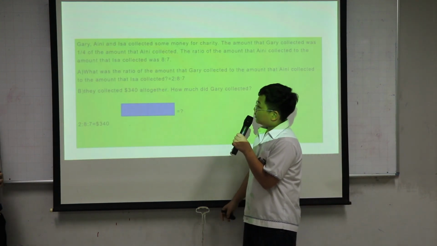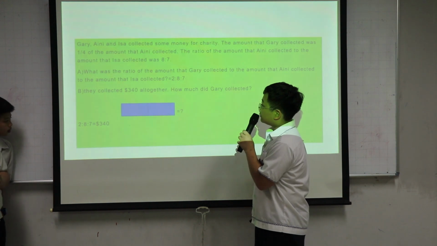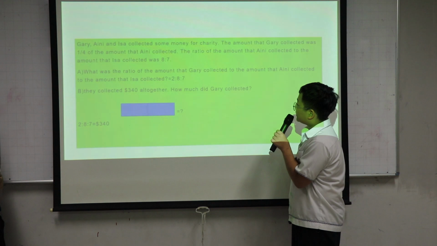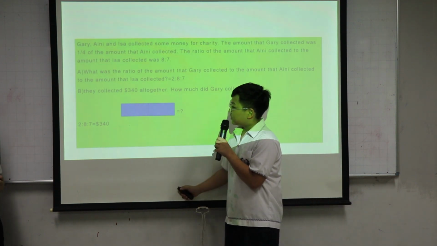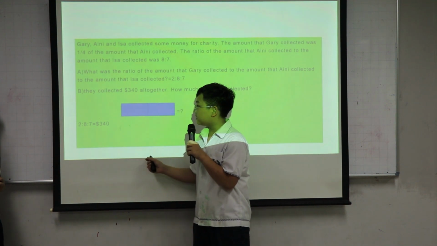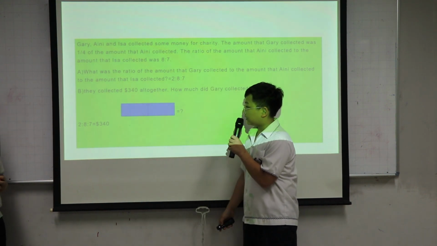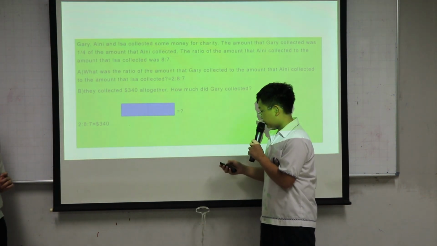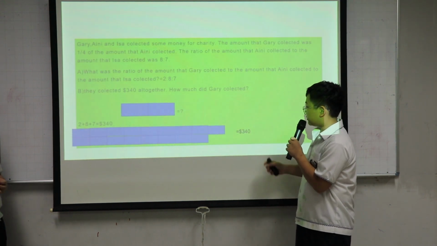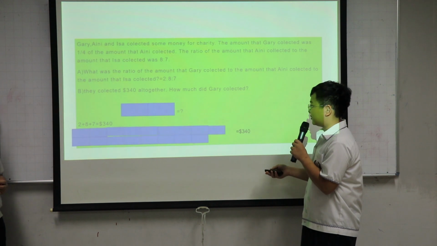And it said that they collected $340 altogether. How much did Gary collect? So 2 to 8 to 7 is equal to $340. So how much is 2 units? So 17 units is equal to $340.